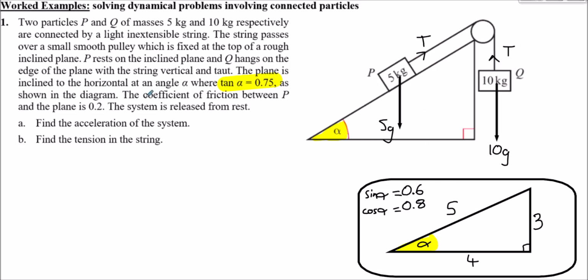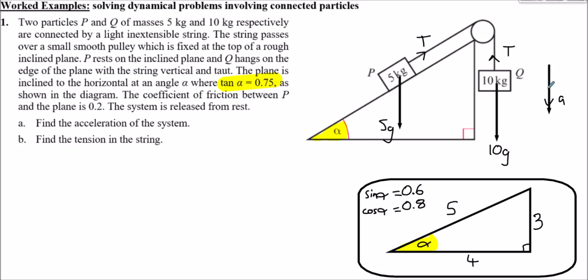If we read on, what we can see is happening here is that actually there is friction between P and the plane. The system's released from rest. Now you know, or should know anyway, if this is released from rest, 10 kilograms here is double the weight of 5 kilograms. So it's fairly obvious that this system is going to be going straight down, because this 10 kilogram weight will pull this 5 kilograms downwards.